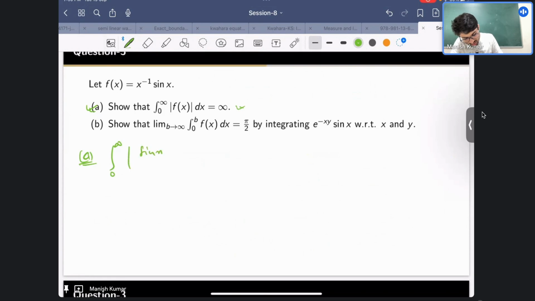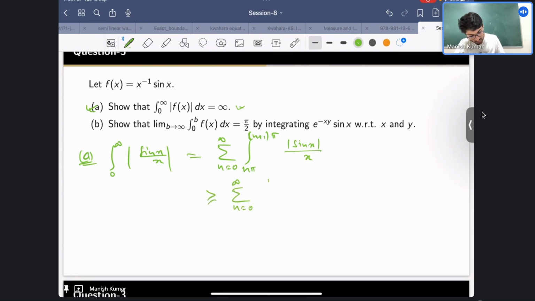You break this integral into a summation, n equal to 1 to infinity, integral from n pi to n plus 1 pi of mod sin x by x. Now you know that this can be bounded below by 1 by n plus 1 pi times the integral from n pi to n plus 1 pi of mod sin x.